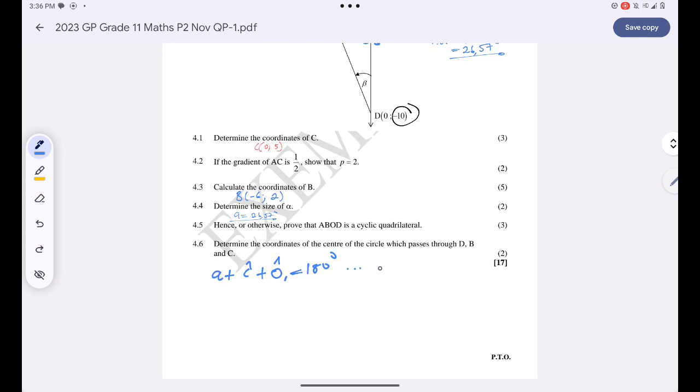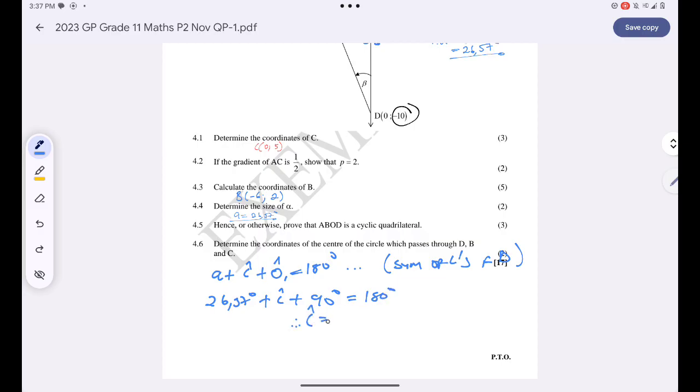Why am I saying that? These are sum of angles of a triangle. Now, angle alpha is just equal to 26.57 degrees. I want to find the value of angle C. Angle O1 is 90 degrees. This is equal to 180.